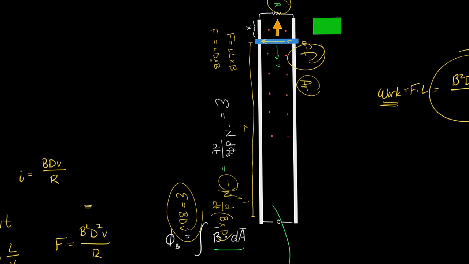You understand that as gravity pulls it down, it's going to accelerate the bar. But as the bar accelerates, the force from the magnetic field will increase. This is going to have a terminal velocity determined by the magnetic field, not air resistance. This is how magnetic braking systems work, stuff like that.